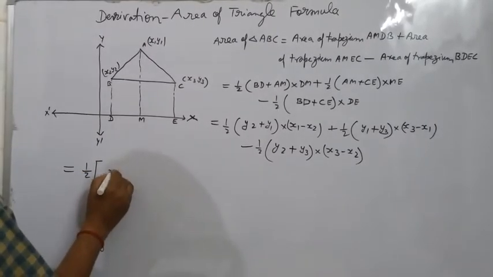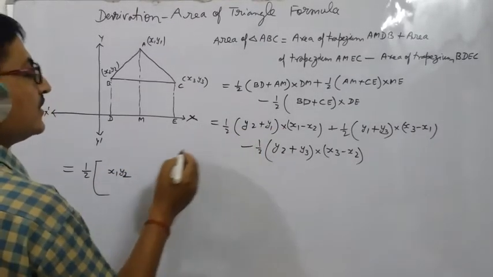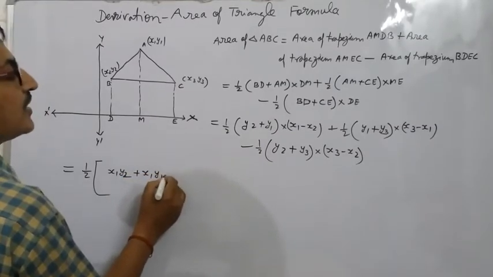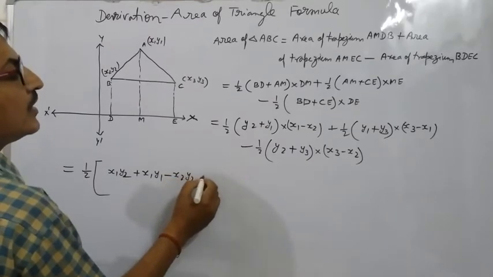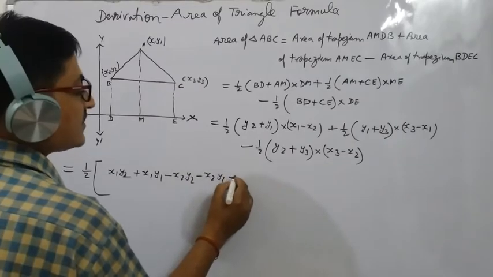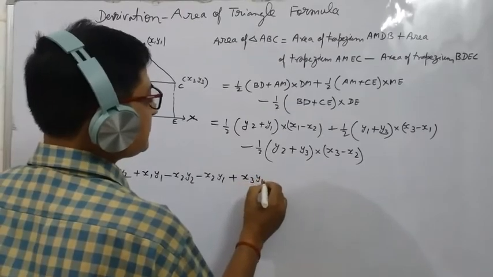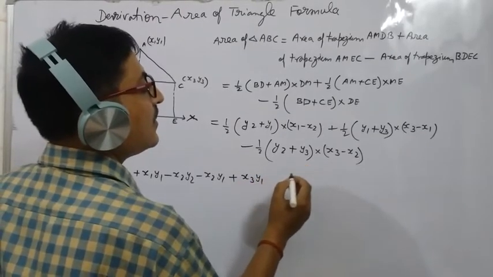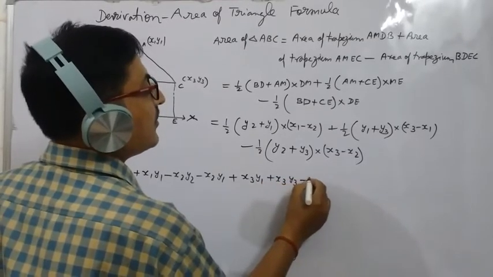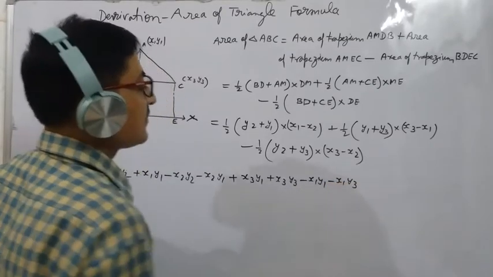Multiply: x1 y2 plus x1 y1, minus x2 y2 and minus x2 y1, plus x3 y1 plus x3 y3, minus x1 y1 minus x1 y3.